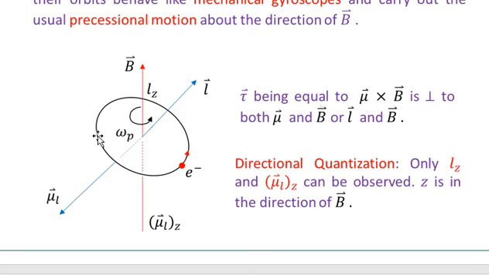When the electron revolves around the current loop, their magnitudes vary from minimum to maximum, then maximum to minimum, and then again to zero. So during the motion of the electron, the Lx and Ly components average out to zero. Only one component, the Lz component, in the direction of the magnetic field, will survive, and we can measure it. Similarly, we can measure the component mu Lz.